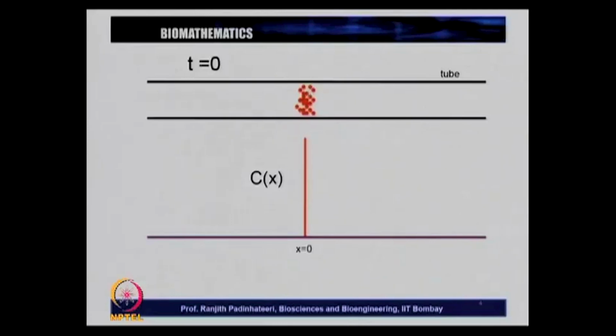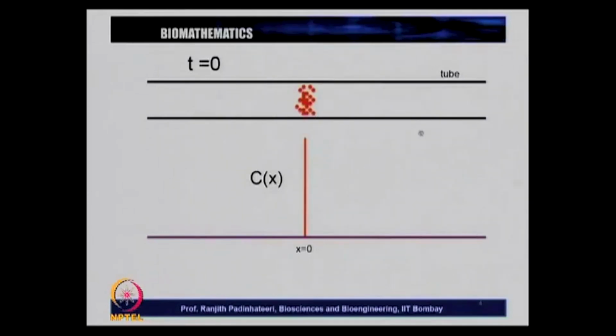Let us say after 10 minutes, if you look at this tube, what will you see? You will see that these molecules would have diffused this way and this way, along the tube.